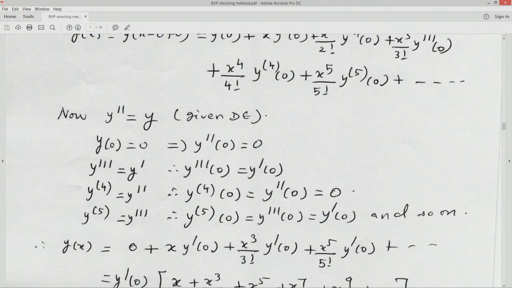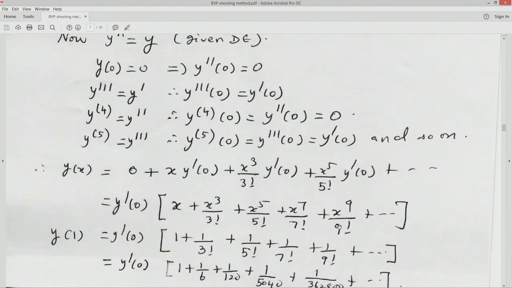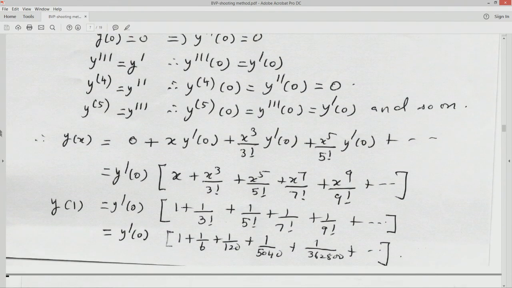So, the fifth derivative at 0 is third derivative at 0, but that is the first derivative at 0 and so on. So, we write down the solution y of x as, say, y of 0 is 0 plus x into y prime 0 plus x cube by 3 factorial into again y prime 0 plus x power 5 by factorial 5 into y prime 0 and so on.